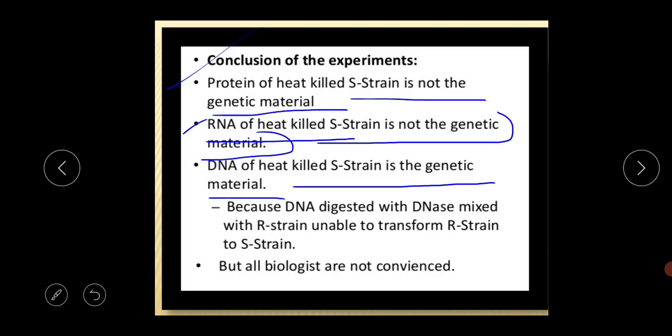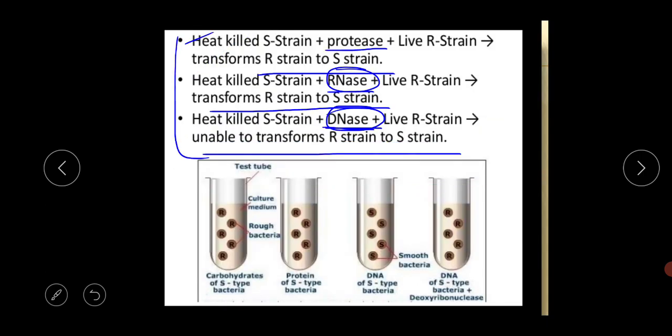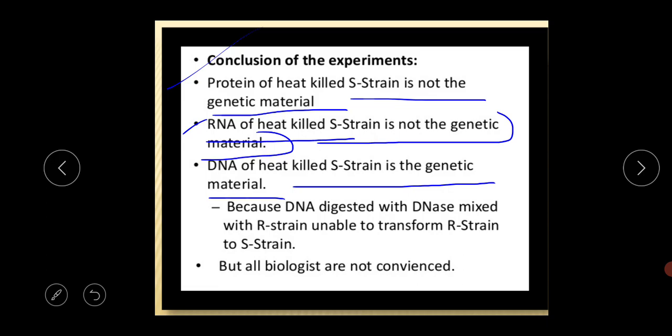But when we use the DNase, the R strain cannot be transformed to S strain. So that's why you can say this is the genetic material. DNA digested with the DNase and mixed with the R strain is unable to transform R strain to S strain.